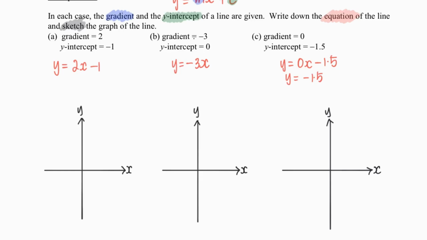Alright, y-intercept negative 1, so that means it must cut through negative 1. So when I sketch this graph, gradient is positive. Positive gradient means it will slope up.